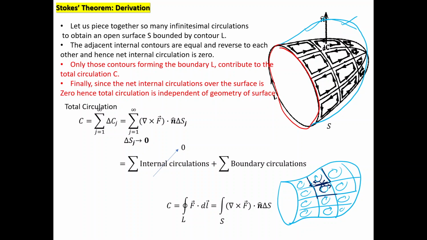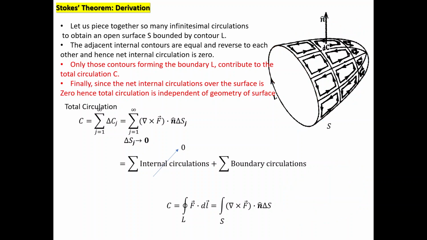Hence, it cancels out. Similarly, it will be the case for these two adjacent circulations, except at the boundary where the direction of circulation is in this direction. These are contributing, but these are cancelling. So it doesn't matter what is the shape of the geometry we have considered. It can be triangular as well, conical as well. You will see an example that the total circulation is independent of the geometry of the surface.